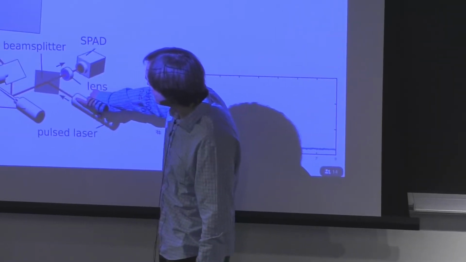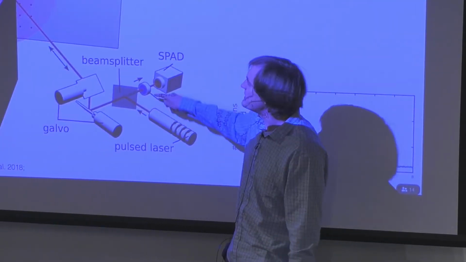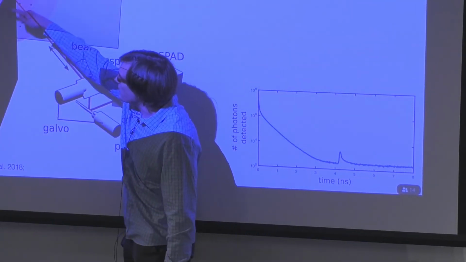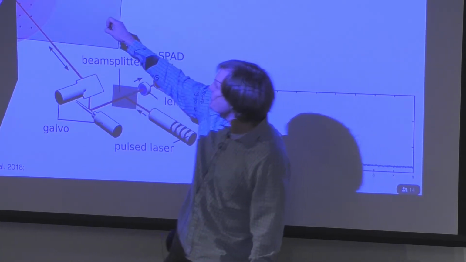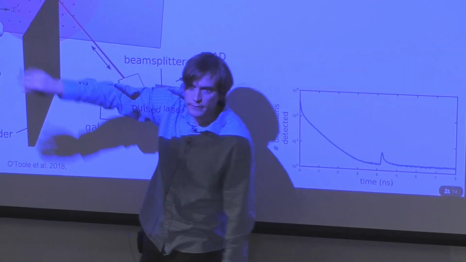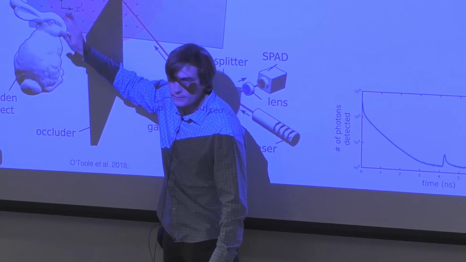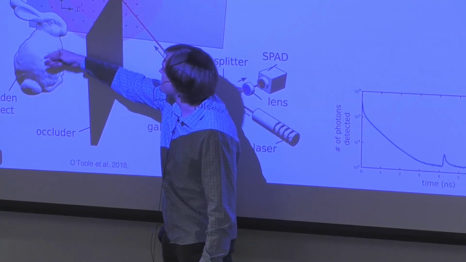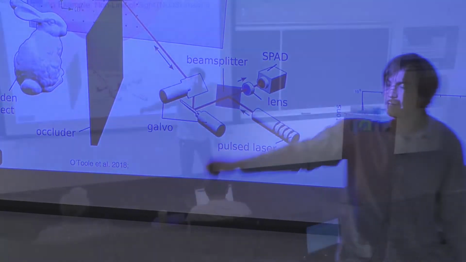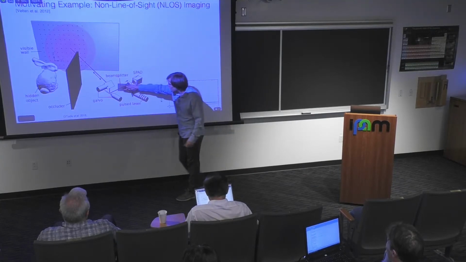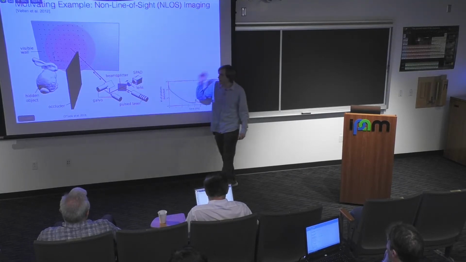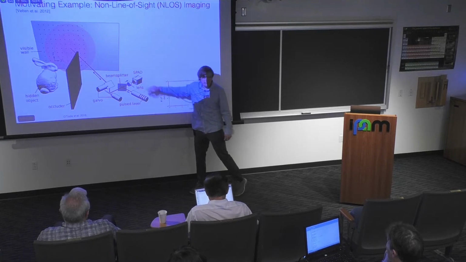So let's have a pulse laser source and a time of flight detector, and we're going to scan along locations on a wall, and at each location we're going to get isotropic scattering, which is going to interact and scatter off the hidden scene. Some of that light's going to make it back to the wall, and then we capture a histogram on our time resolved detector.